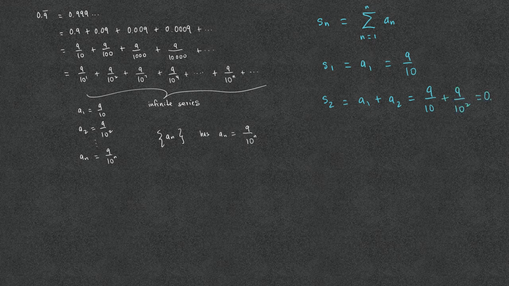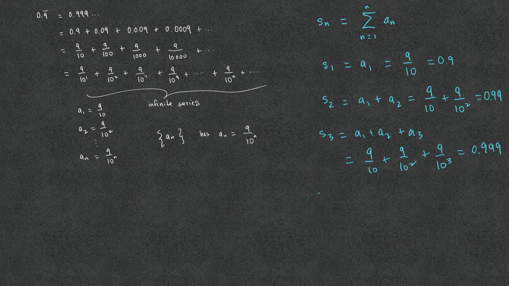And we know that this is 0.99. S sub 3 is the sum of the first three terms, a sub 1 plus a sub 2 plus a sub 3. And this is 9 over 10 plus 9 over 10 squared plus 9 over 10 cubed, and we know that this is 0.999.